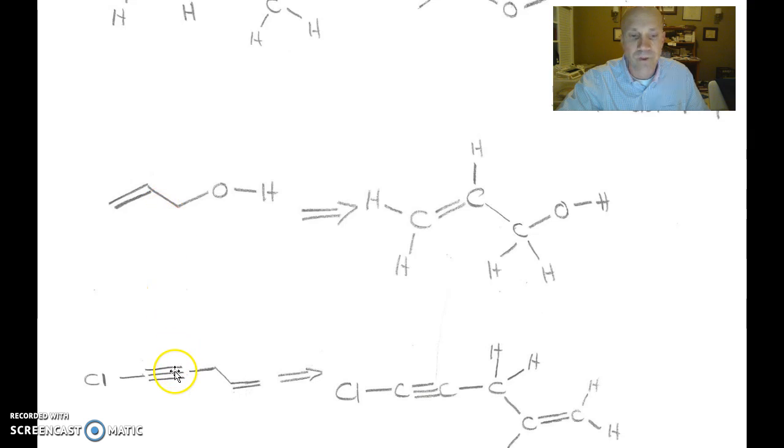With this right here, notice I didn't draw this chlorine down at an angle, and that's done deliberately because when you think about the angle geometries, this carbon right here would be trigonal planar. That's the geometry around that double bond carbon. So this is 120, that's 120, and that's 120.